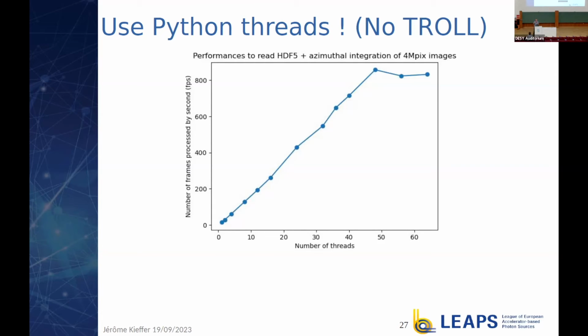But since HDF5 is less used than Python, it's more probably the GIL that we are hitting. So from this, we know that the number of threads is really linked to the time spent by Python doing the management. And this means also that if we have a computer with, let's say, 500 cores, we will probably not be able to go much higher than that.